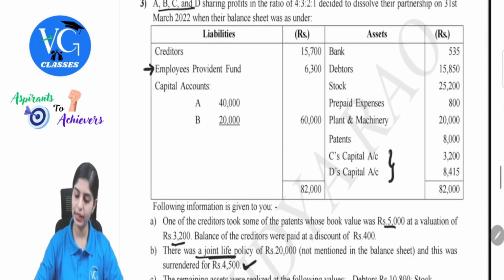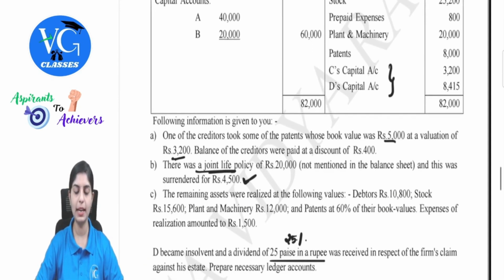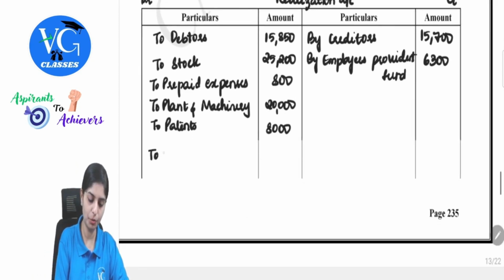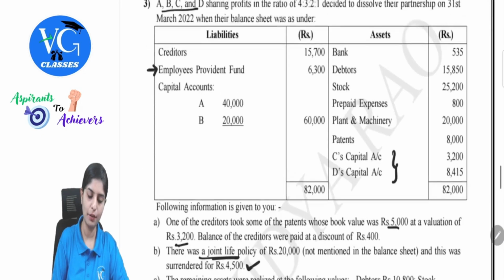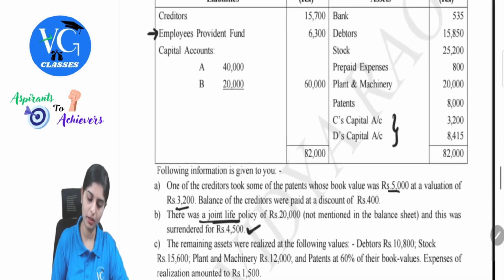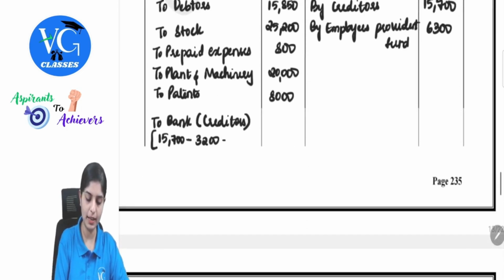So, what were the total creditors? 15,700. Out of 15,700, they have considered 3,200. Balance is 12,500. This was paid at a discount of 400. So, to bank, creditors. How will we do this? 15,700 minus 3,200, so you will be left with a balance of 12,500.